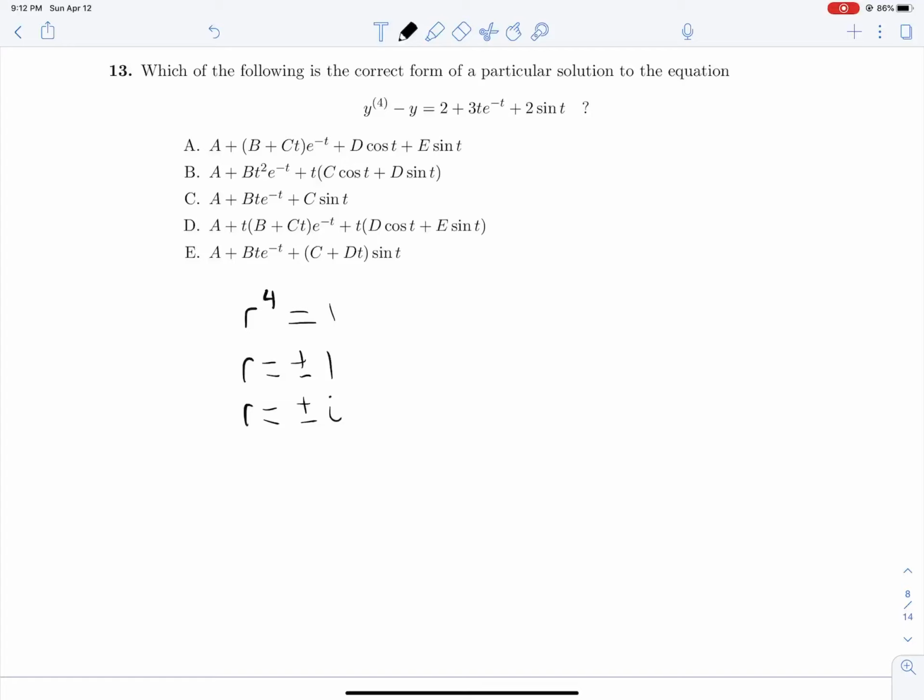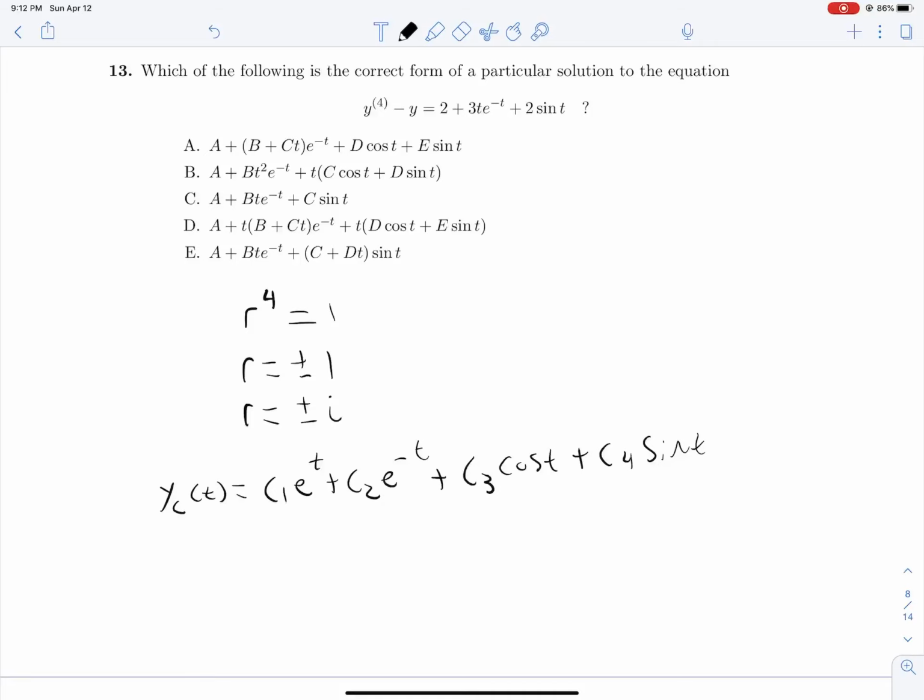And what this means is that our yc of t will be composed of c1 e to the t plus c2 e to the negative t plus c3 cosine t plus c4 sine t.